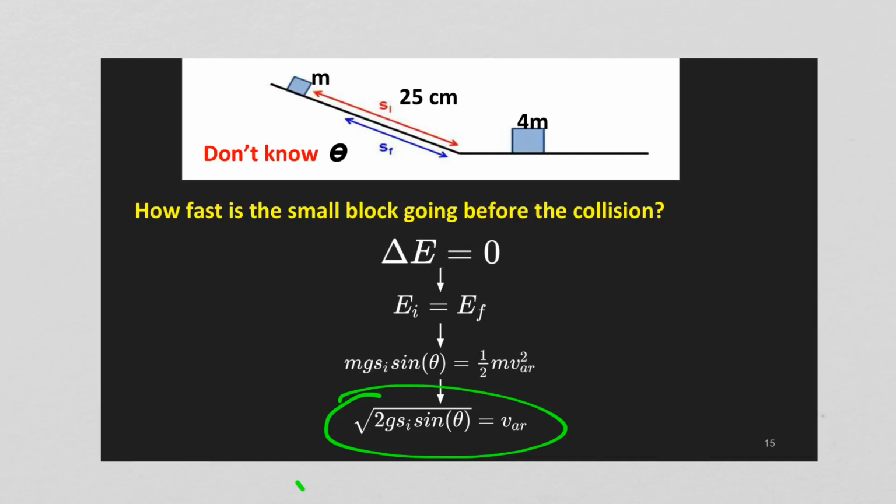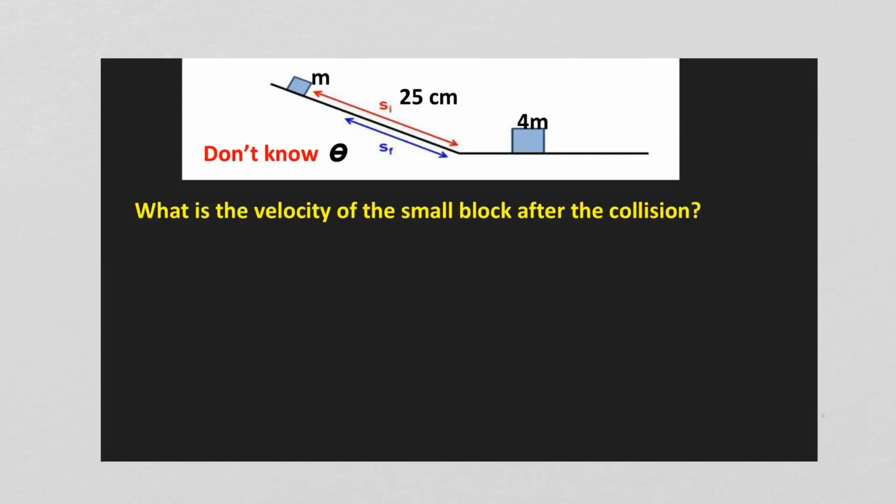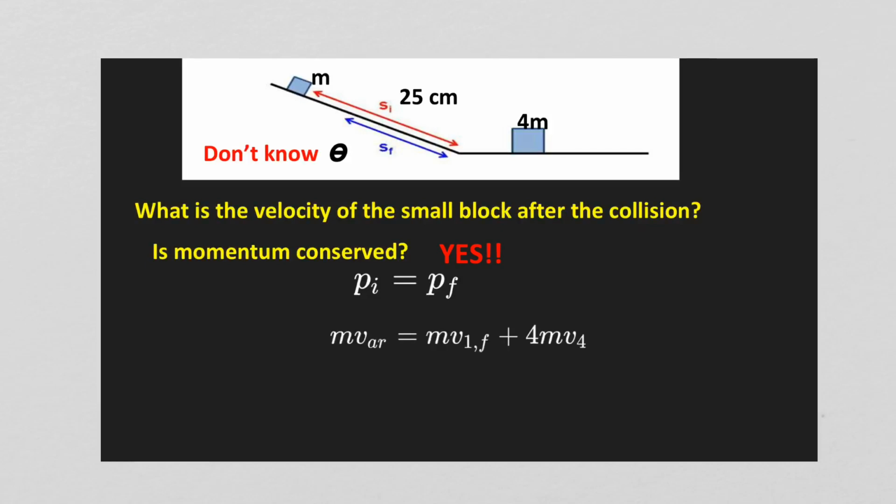The blocks hit. So block M slides down the ramp, and now they hit. If they're hitting, I know it's momentum conservation. So initially, little m has some momentum. At the end, both do. Two unknowns.